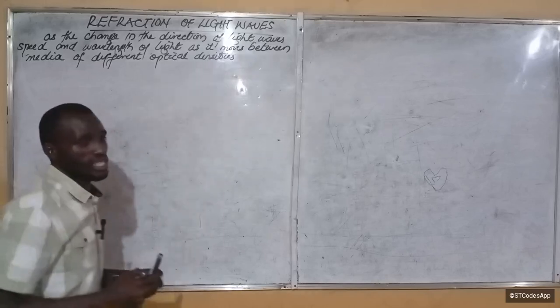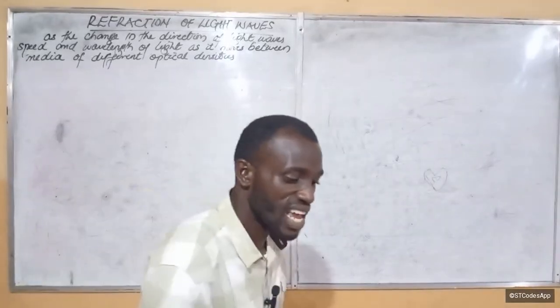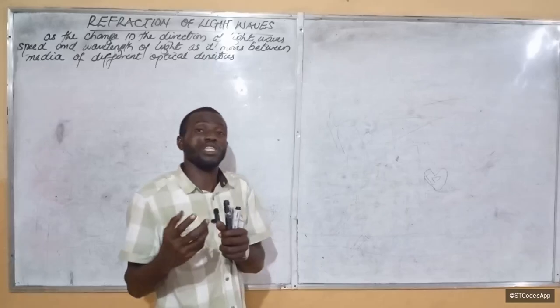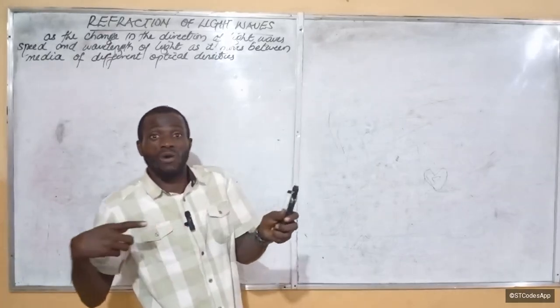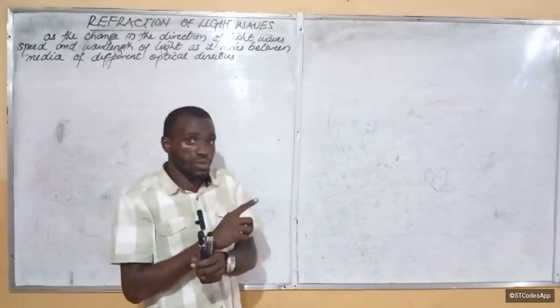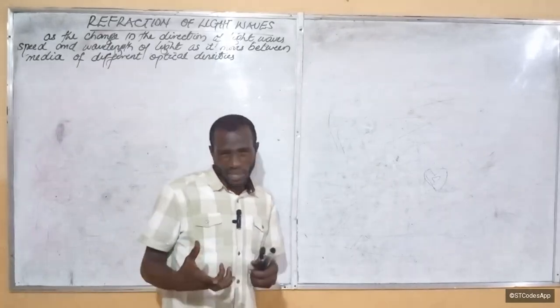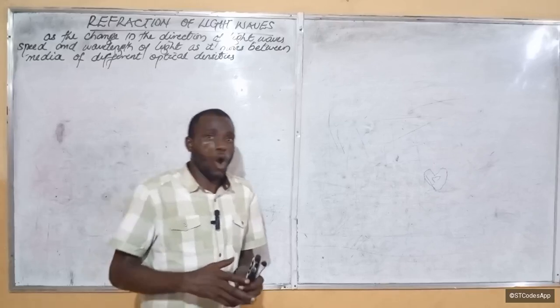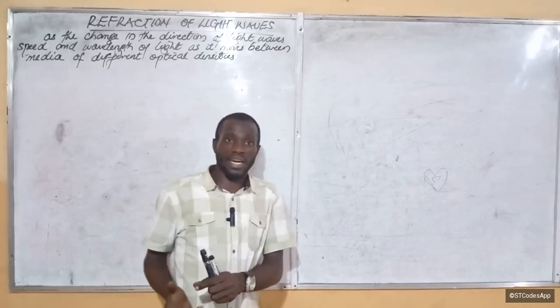Now, what does optical density mean? It means the level of compactness of the object, the level of permeability of the object to light, how much it can allow light to pass through. That's the optical density. So what that means is that water, for example, is optically denser than air.